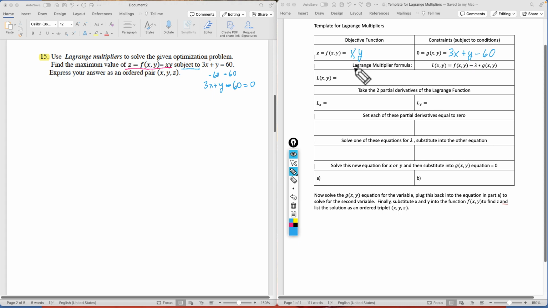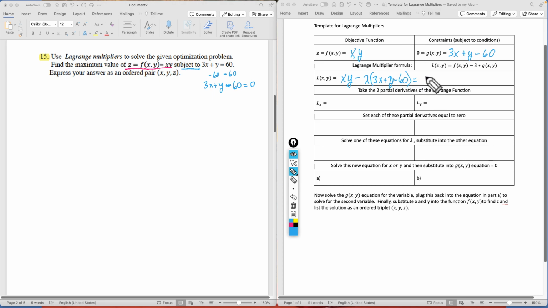Now it's the step of setting up the Lagrange multiplier function. This function is just given to us. So we take the f of x function, the objective function, and we're going to subtract lambda, the Greek L, the Lagrange multiplier, times g of x, 3x plus y minus 60. This is where some of us have a little problem with this negative. We need to distribute it through, so be very careful in this step.